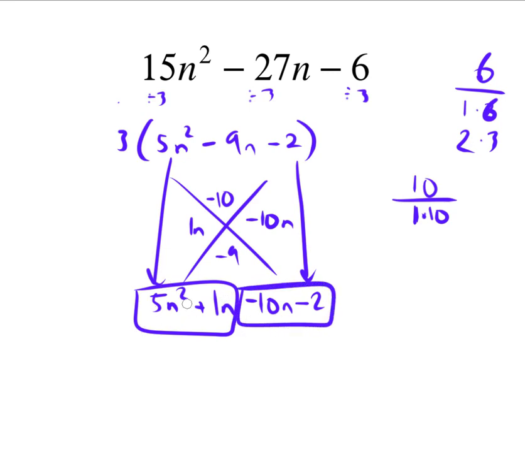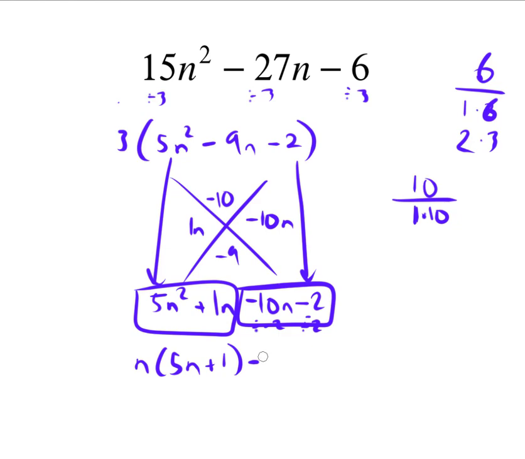We pull out an n, and I get 5n plus 1. And over here I want to get 5n plus 1, so this has to become positive. The way I'm going to do that, I think, is divide out a -2. I'm going to divide this by -2, and that should give me that positive 1 that I'm looking for.